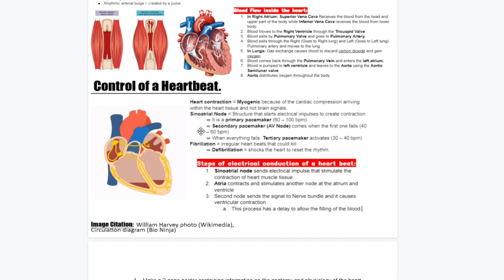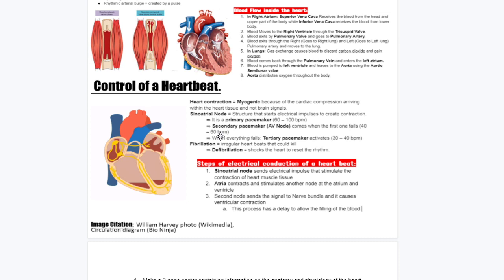So basically the first structure is the structure that starts the electric pulses and creates a contraction, and it is called the sinoatrial node, and it is also known as the primary pacemaker.